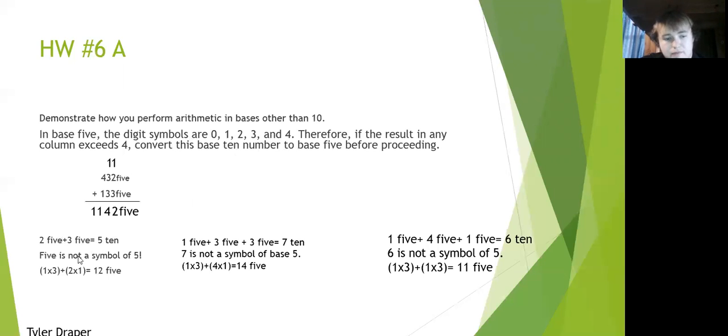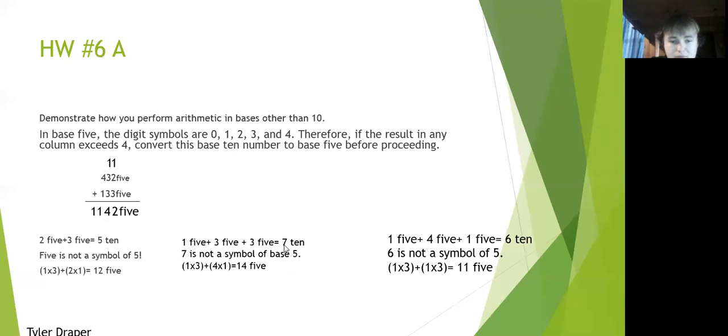Therefore, we need to do some converting. So we have set this up here: 1 times 3 plus 2 times 1 equals 5, and that's going to equal 12 base 5. So we put our 2 here, carry the 1 up. Then we're going to have 1 base 5, that's here, 3 base 5, that's there, and then another 3 base 5, that's going to equal 7 base 10.